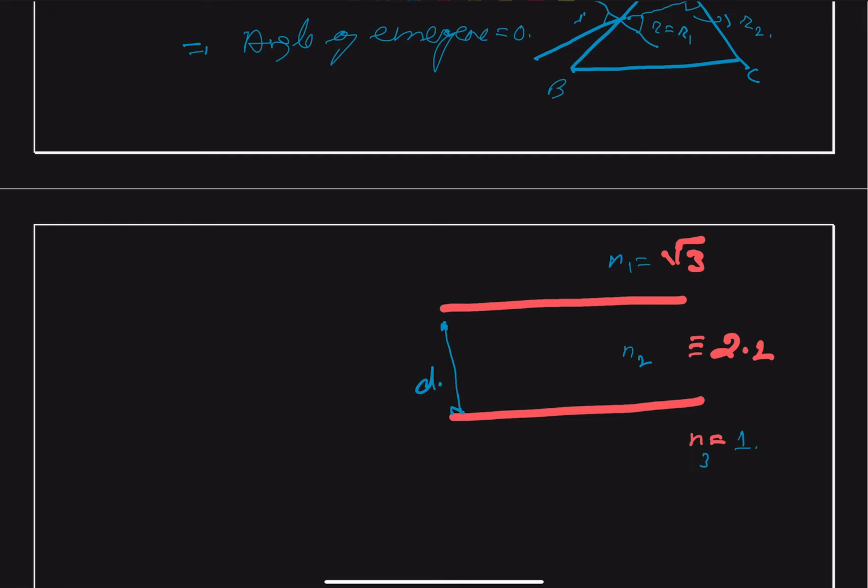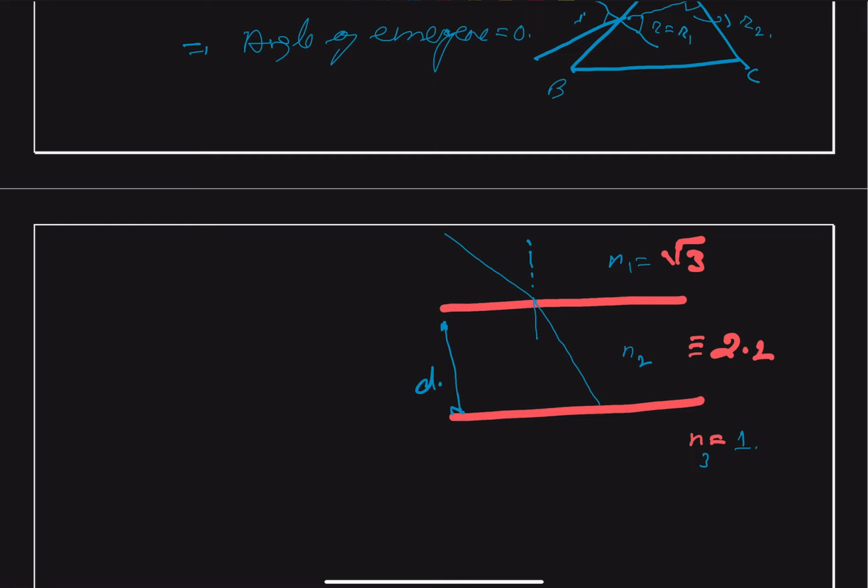So the ray is going to strike the coating, and let us suppose this is the normal, and it will bend in this direction.